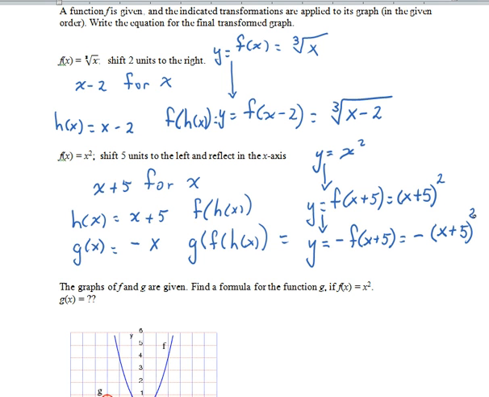So this is the expression for the final transformed graph.